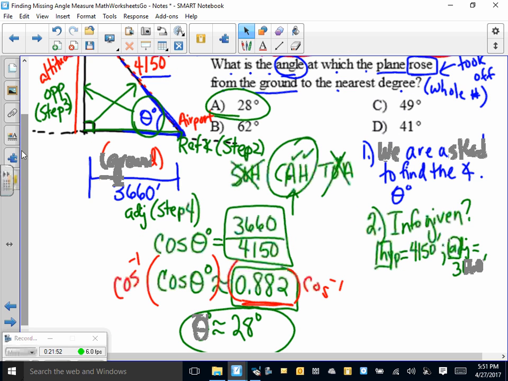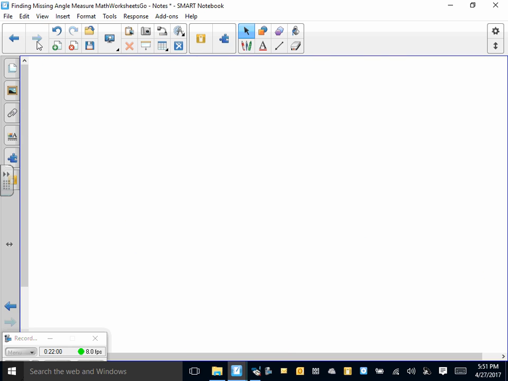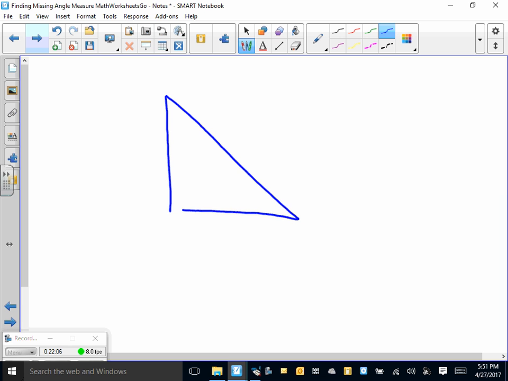So that is all 3 problems I worked in class. There is only one thing that I want to mention as far as your work on that worksheet. It says angle of elevation, which is when you look up into the sky. So that would be this angle right here.